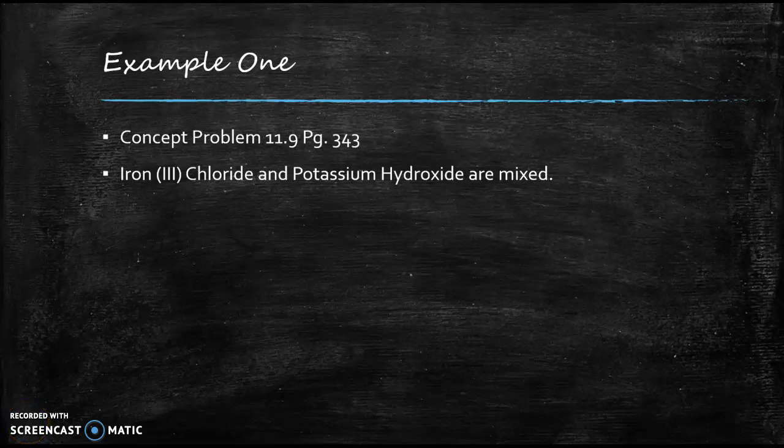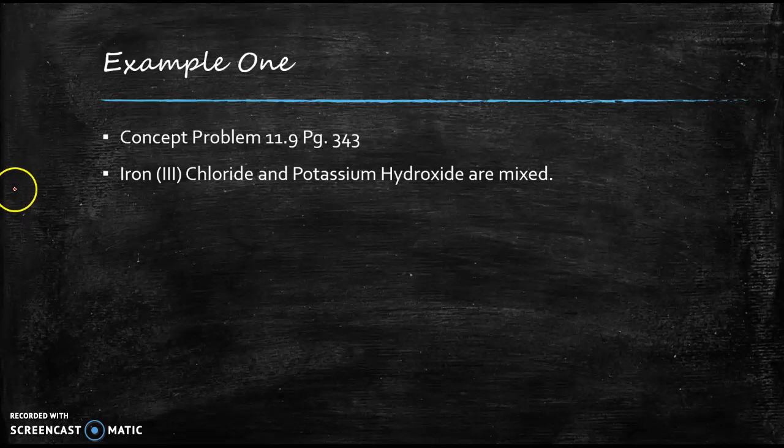Alright, now let's work on some examples with our net ionic equations and our predicting products with solubility. Remember that when we are looking at our net ionic equations, there are 3 steps we have to do.